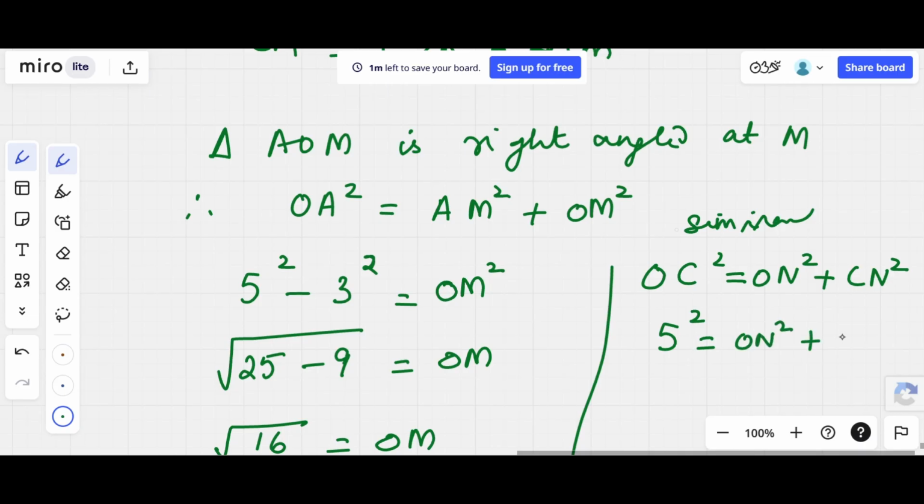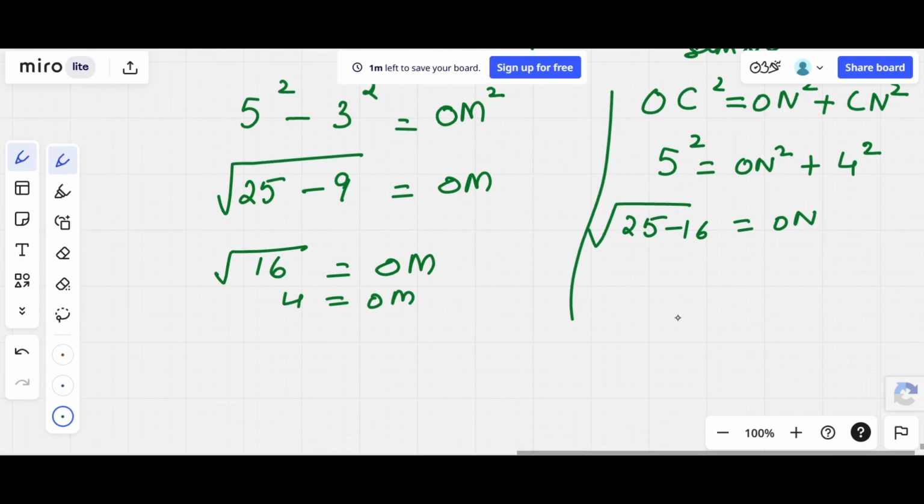CN was 4. Under root 25 minus 16 equals ON. It is coming as under root 9, which is 3. 4 plus 3 is the distance, which is 7.